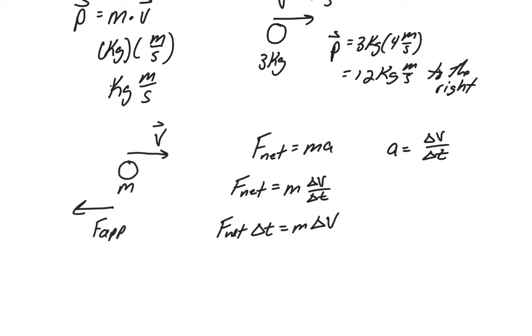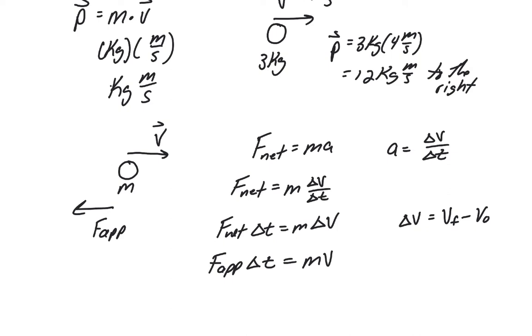And I can see here, in keeping this situation really simple, that the only force is going to be the applied force, so I can go ahead and say, in this case, F applied times delta t is going to be m times delta v. And anytime we have the change in anything, we know delta v is just v final minus v initial.